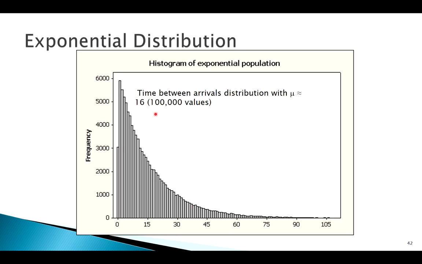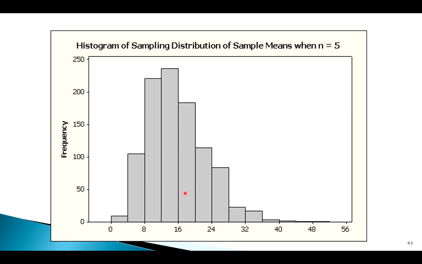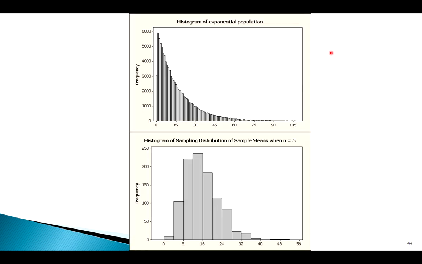We can see some of that original population in the sampling distribution for a small sample size. Let's compare the two. Population, sampling distribution for n equal to 5. Kind of right skewed. Center-wise though, we know this center was 16. This center looks probably about 16. Spread, it's definitely less spread out.